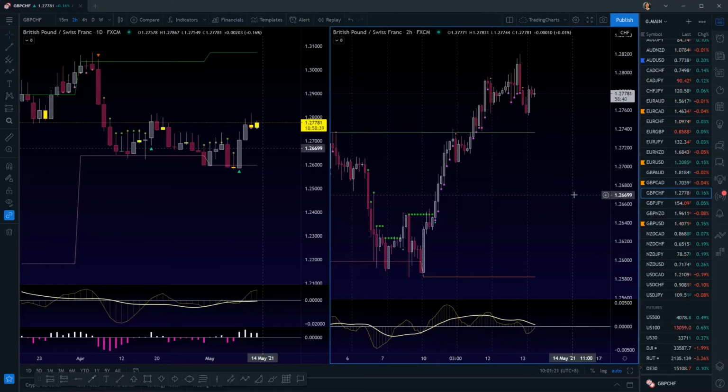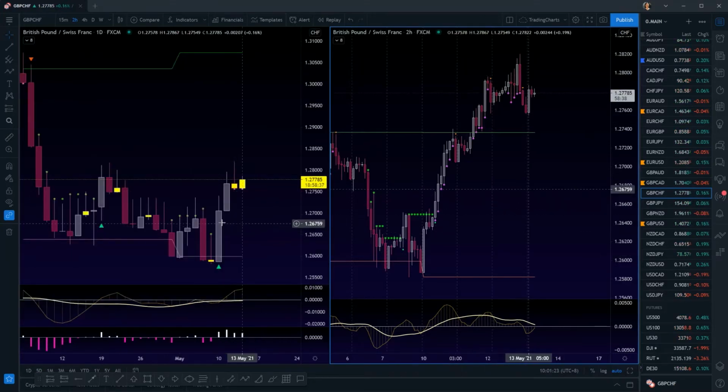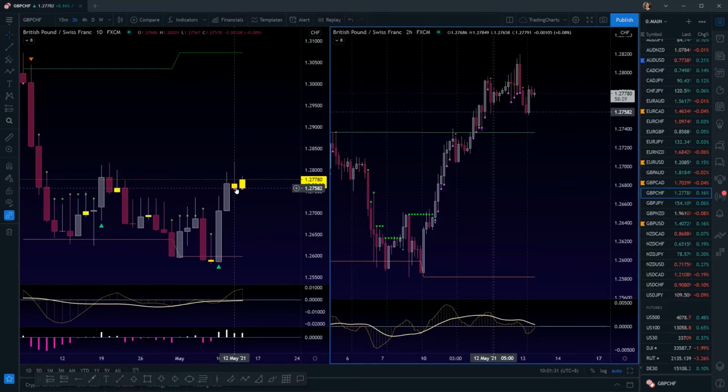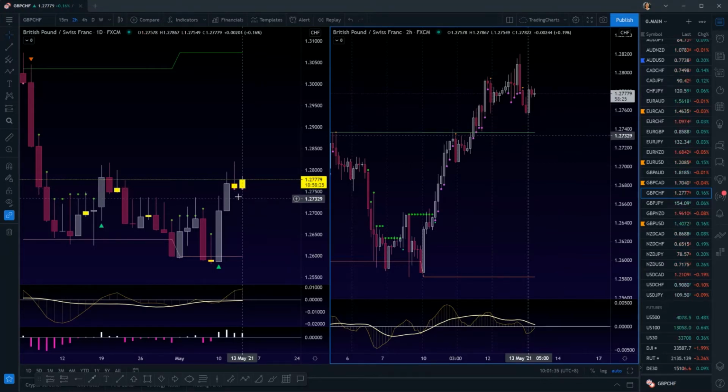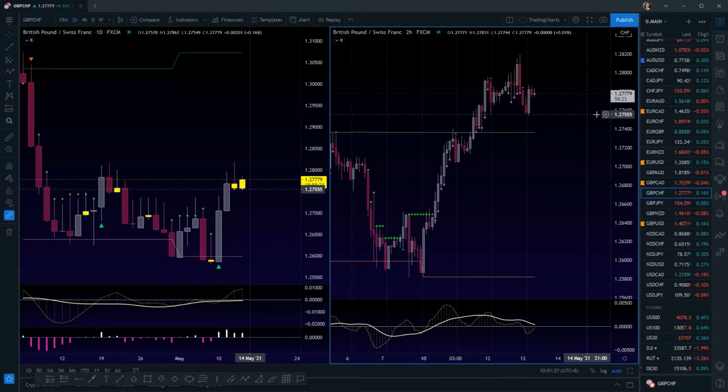British pound, Swiss. Move up, and this is a narrow range trading candle yesterday. Let me take note of that. Yeah, so if it breaks down here, this level which it did this morning, it tried to somewhat fake.